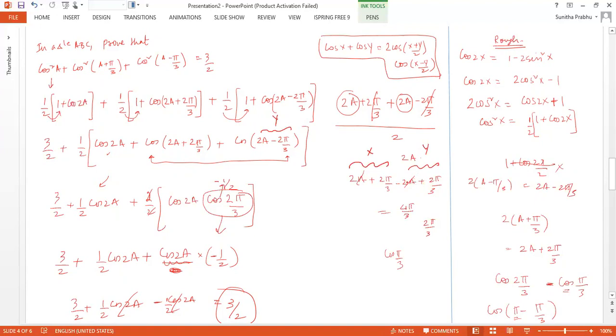Minus 2a plus 2a, this will get cancelled. You have this plus this, 4 pi by 3 by 2 will once again become 2 pi by 3. And cos 2 pi by 3 we know is cos of 180 minus pi by 3, whose value is minus cos pi by 3. That minus cos pi by 3 is minus half.